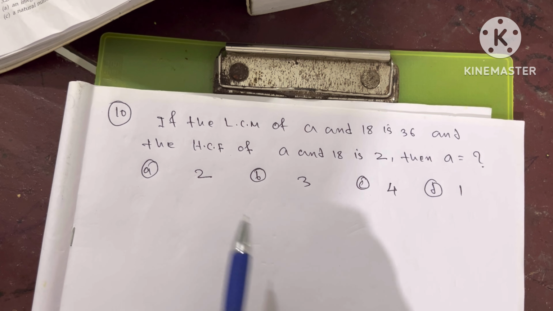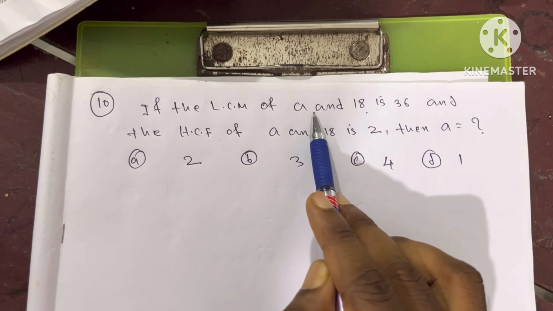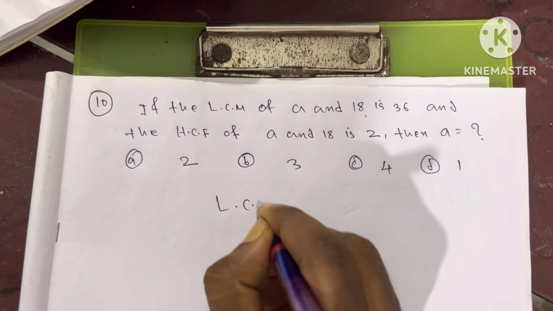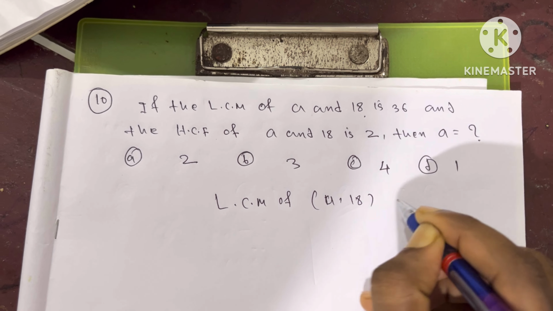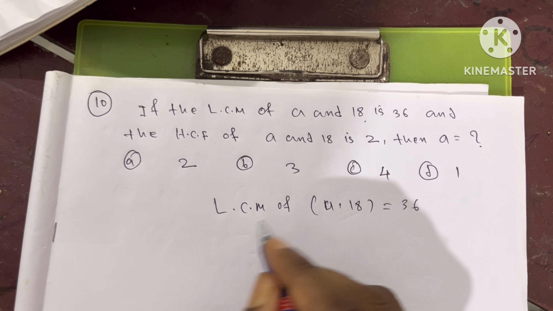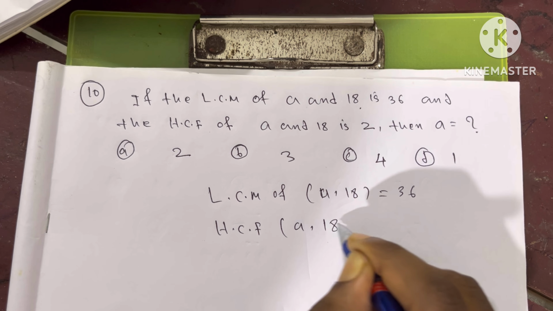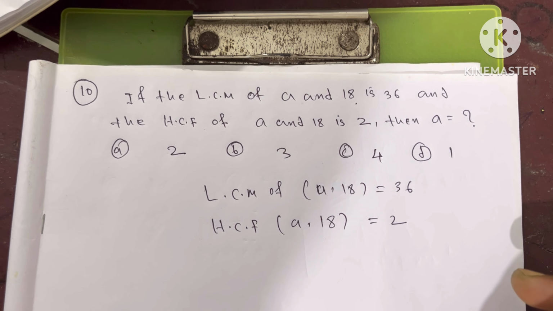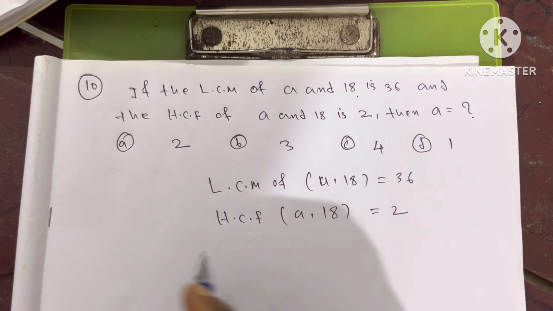So question number 10. If the LCM of a comma 18 is equal to 36, and the HCF of a comma 18 is 2, then find the value of a. This is very simple. For finding the value of a, you have to use one formula.